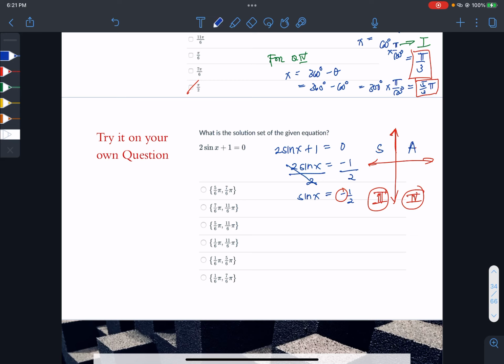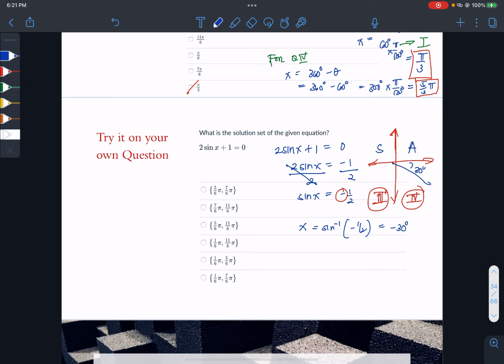So, pag nag-inverse sine tayo of negative 1/2, so, makukuha mo dyan is yung nasa fourth quadrant. Shift sine of negative 1/2. So, ang sagot is negative 30 degrees. Kaya lang, yung negative 30 degrees na yan, so, galing siya dito actually.